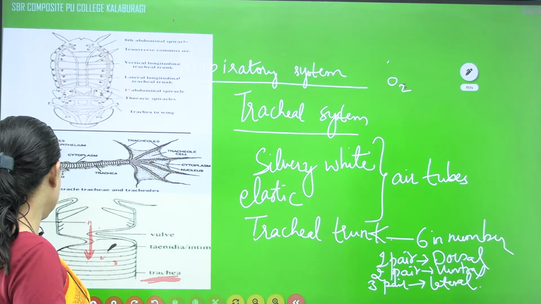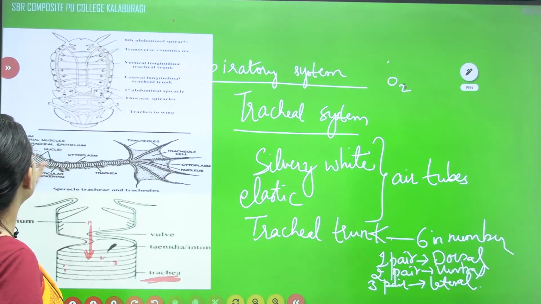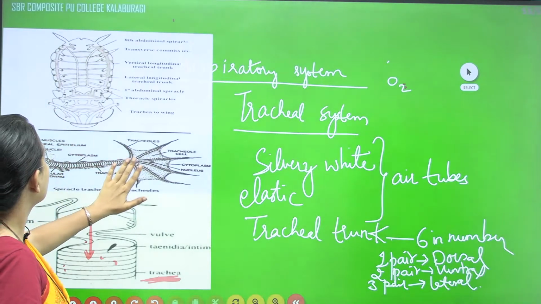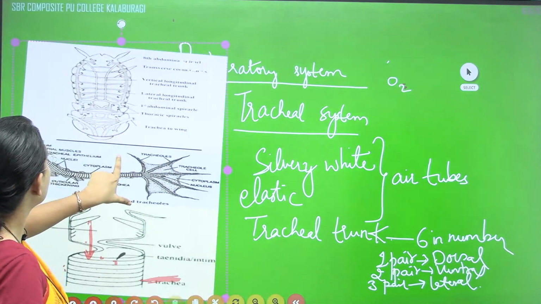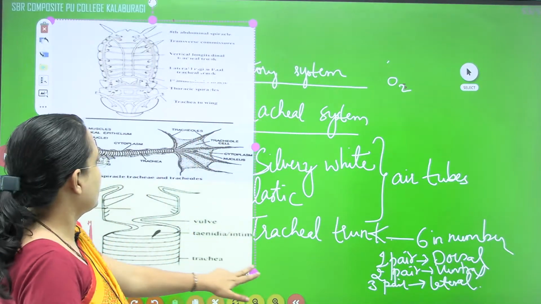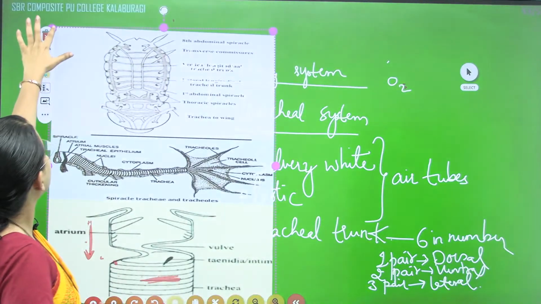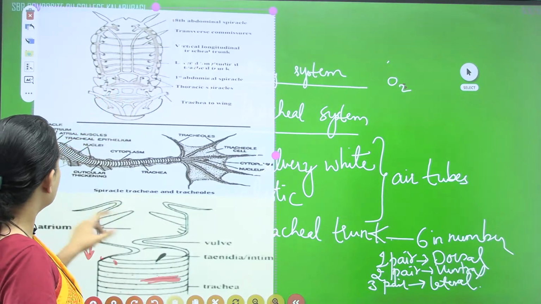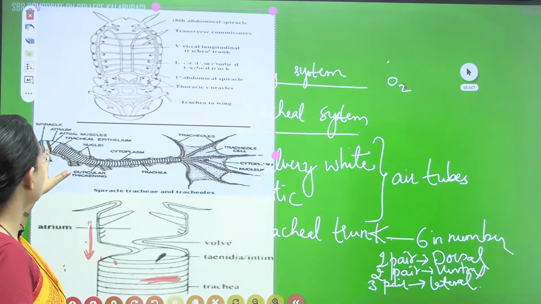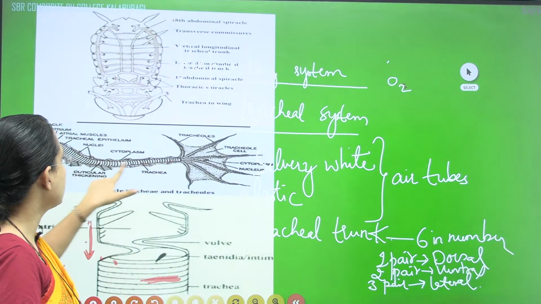Then these tracheal trunks, the bigger trachea, you can see the structure. Here this is the spiracle, and these are the muscles associated with the spiracles, and this is the bigger sized tracheal trunk.